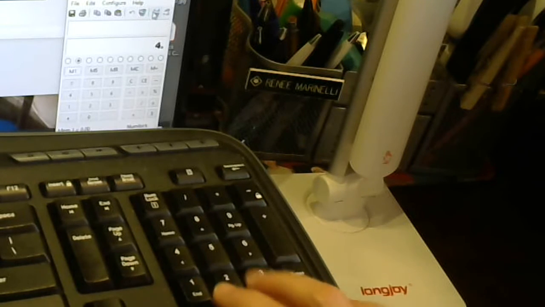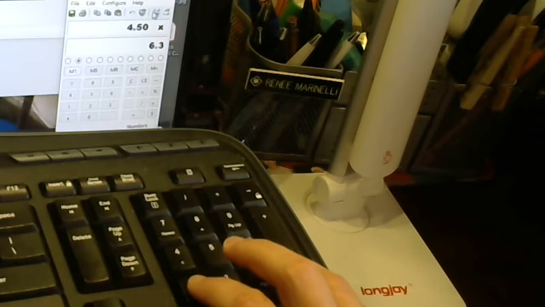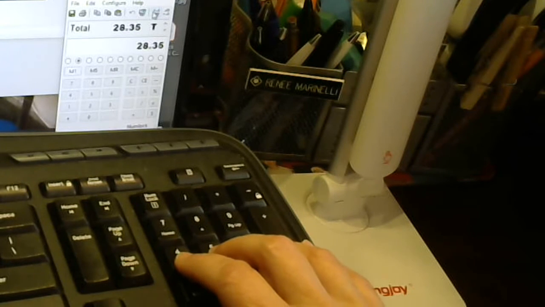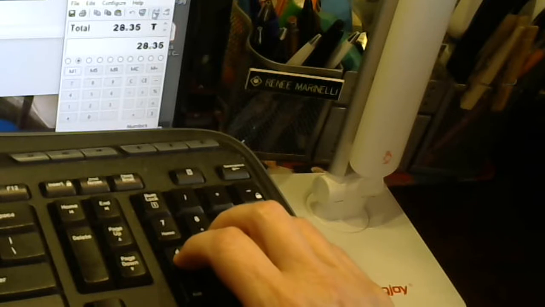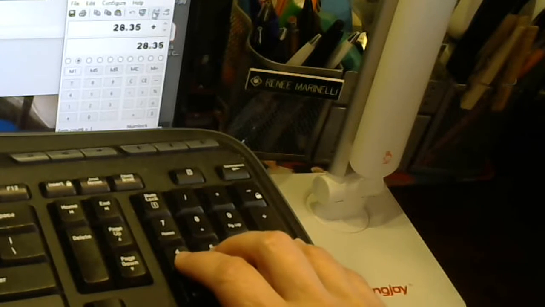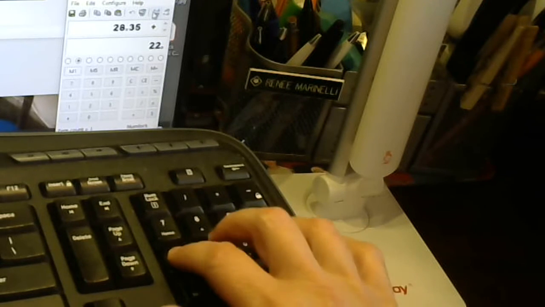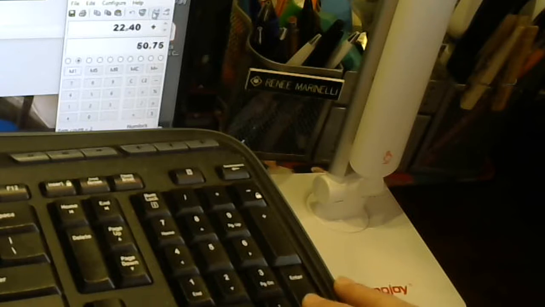So 4.5 times 6.3, you have to enter, and then bring that number back up into the tape and add 22.4. So 50.75. So in this case, you have to hit the enter before you do the addition or the subtraction.